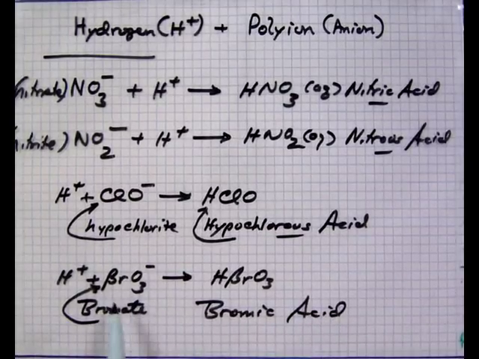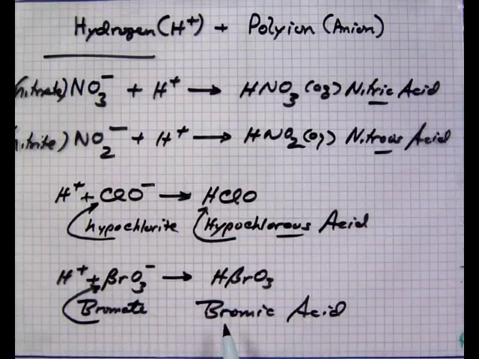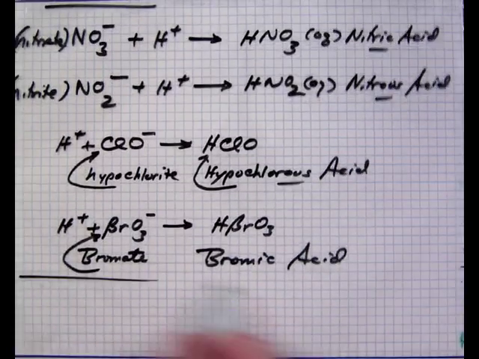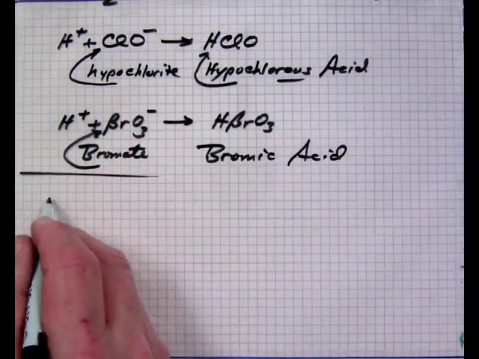If you had a BrO4 negative, it'd be a perbromate, and then it would become perbromic acid. See how that works? It's not very difficult, but the critical issue is knowing the polyions and a few others that are quite familiar to you.